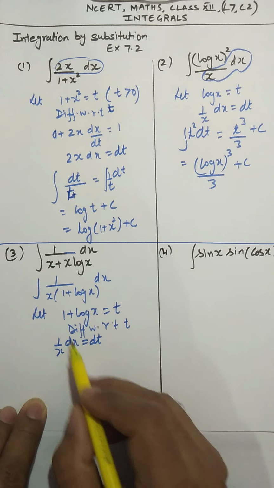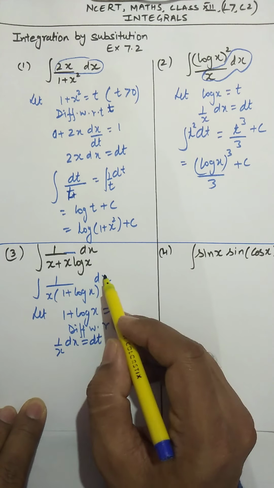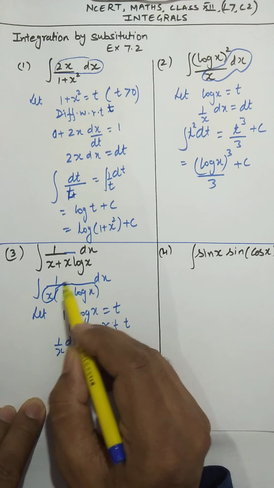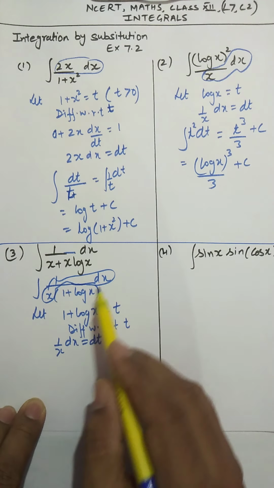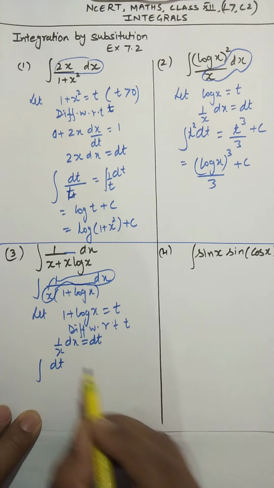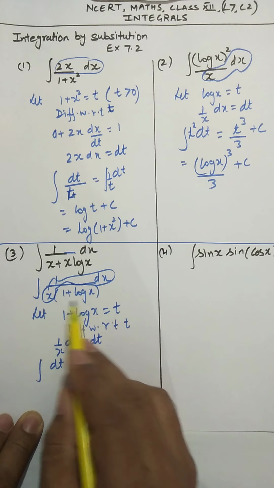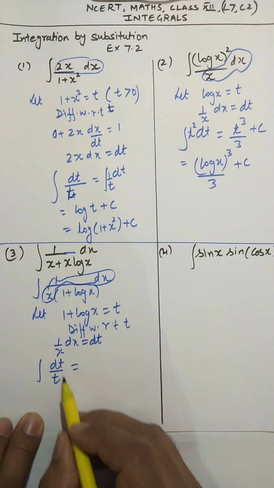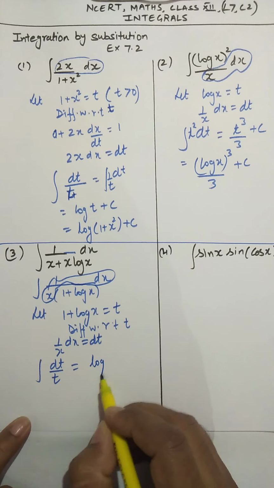So substitute this: this is dx upon x, which is dt, and the bracket term you assume as t. So the integration of dt upon t will be log.